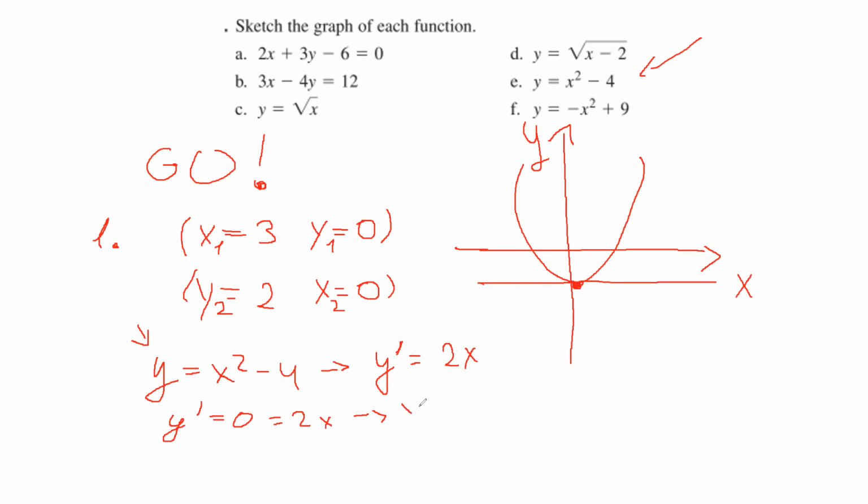And now I go to this equation to find y, the point y, okay? The value of y, where it is. And you see, here I should get -4. So it would be the point x 0, y -4.